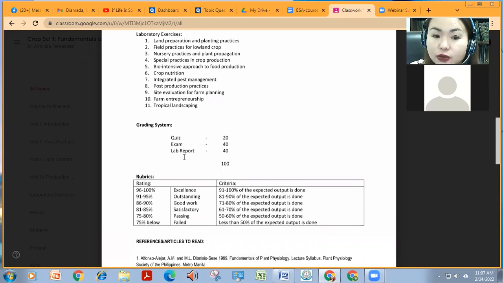So you need to have sa bawat module, no, meron tayong prelim, midterm, and pre-final and final. So we will have 4 modules na merong quizzes and exams, and also laboratory report.